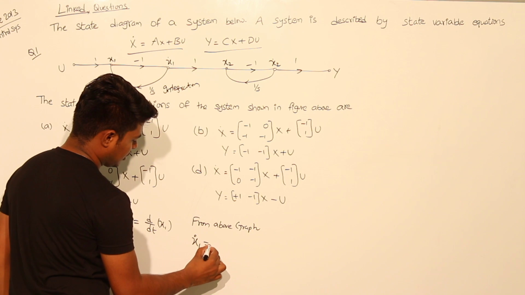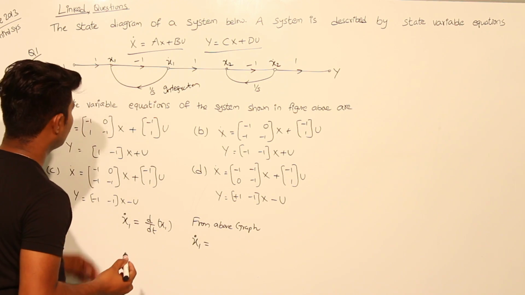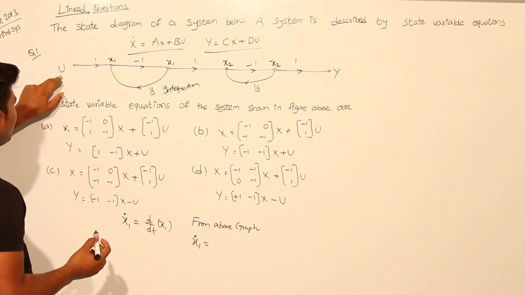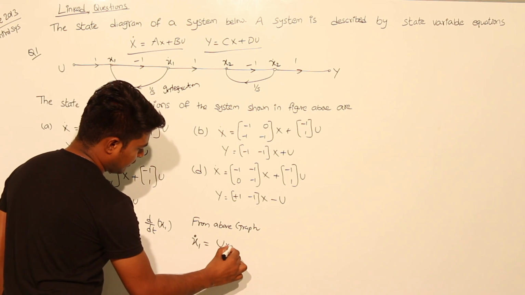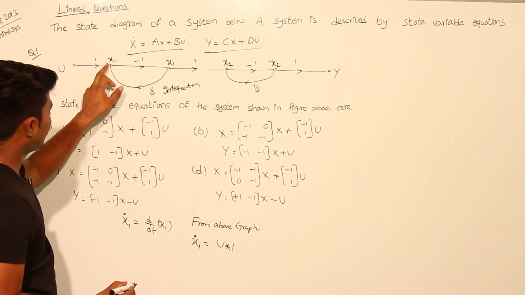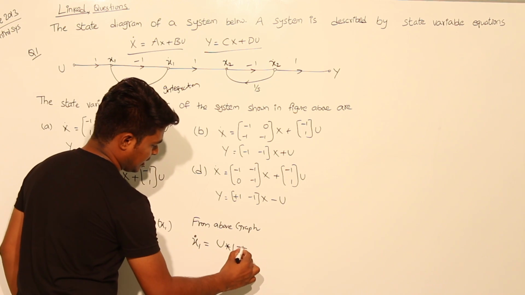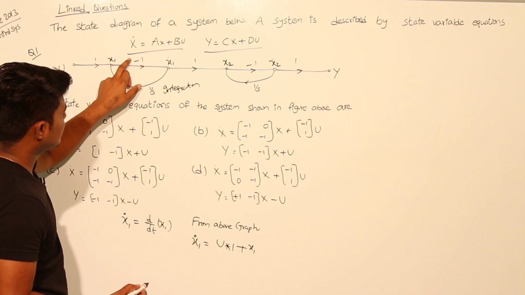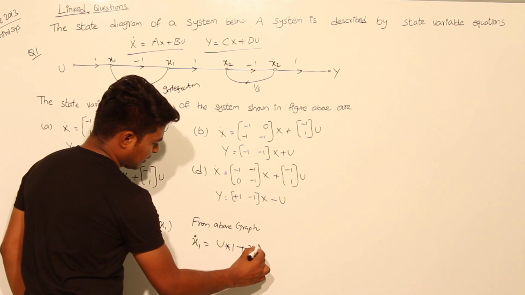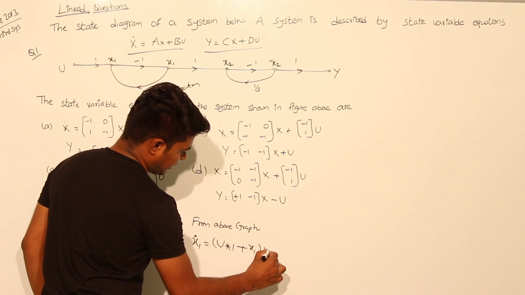x1 dot is equal to, you observe here, u multiplied by 1 and added to x1, and the whole thing is multiplied with minus 1.